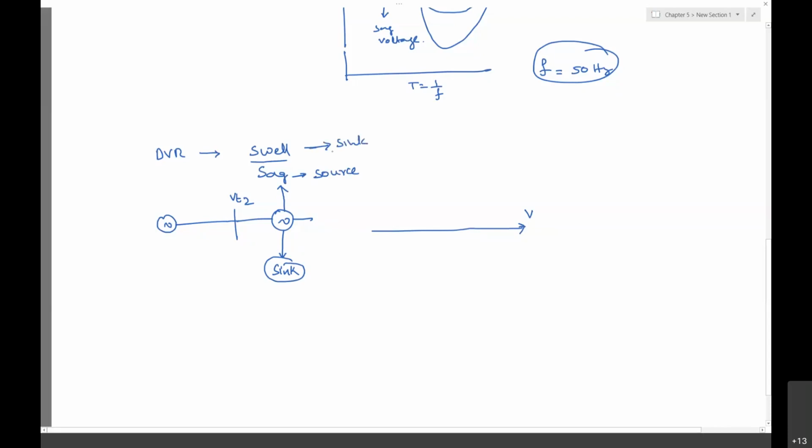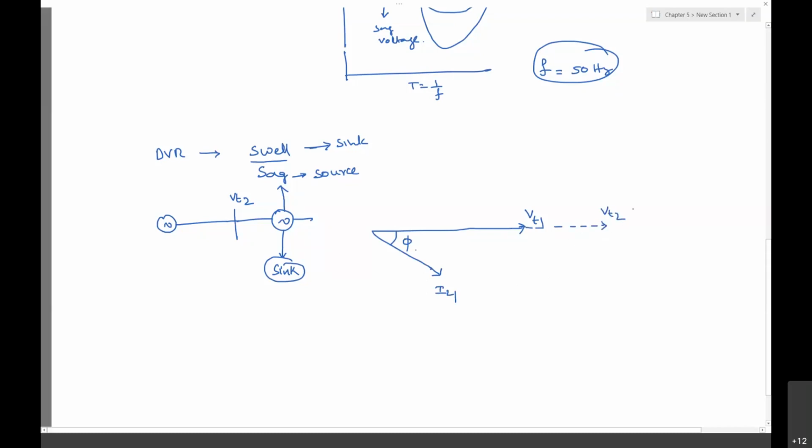We can understand it by looking at the phasor diagram. This is the VT2. Okay, just a minute. I first go for the VT1. And there is an IL which is flowing here. But suddenly the voltage has increased to this particular VT2.